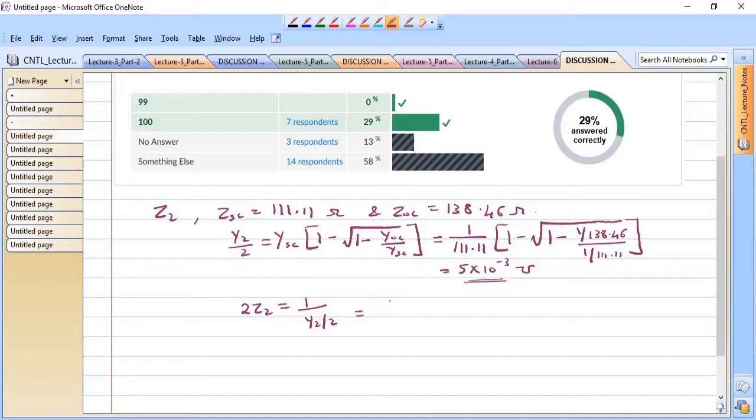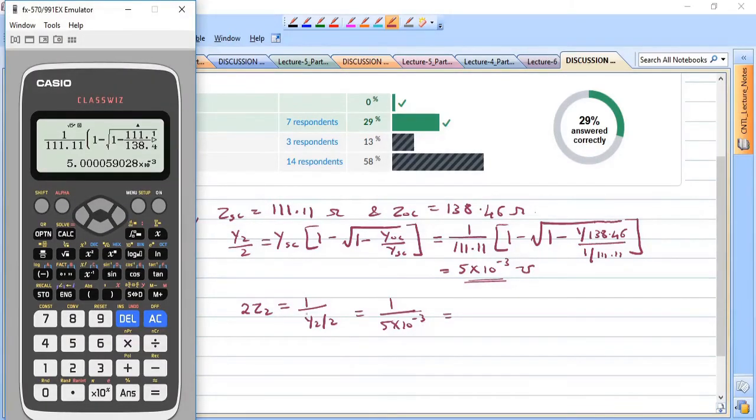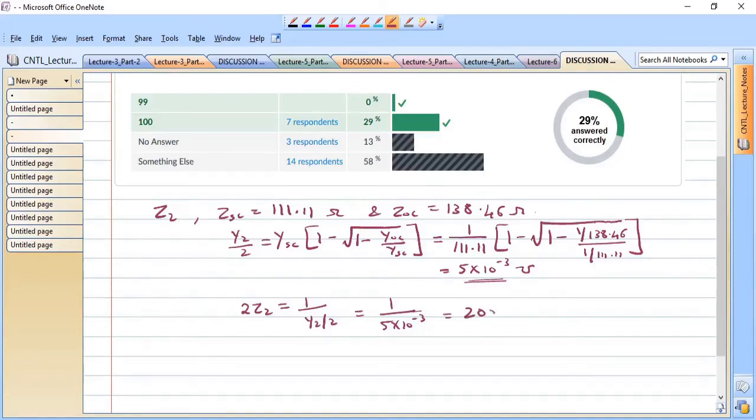So that is equal to 1 upon 5 into 10 power minus 3, which is 199.99, so that should be equal to 200 ohm. Therefore Z2 is equal to half of this, so that should be equal to 100 ohm. So that's the correct answer for this.